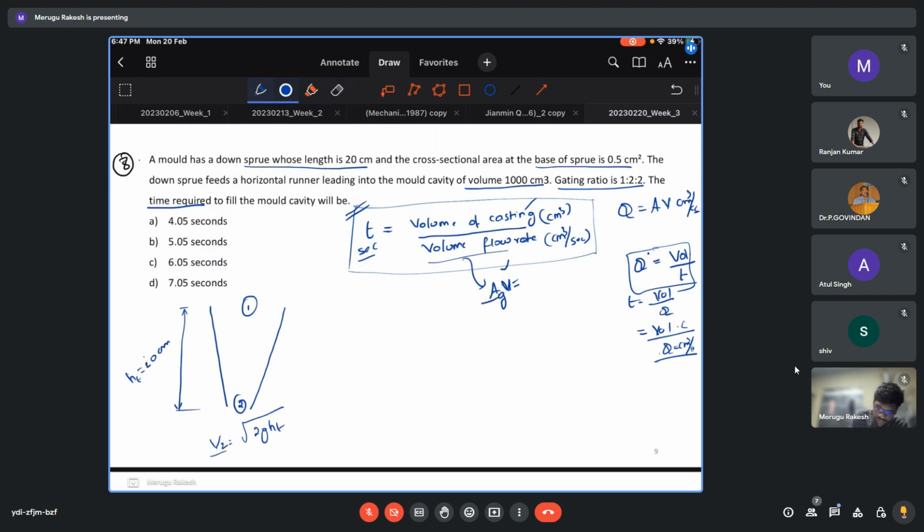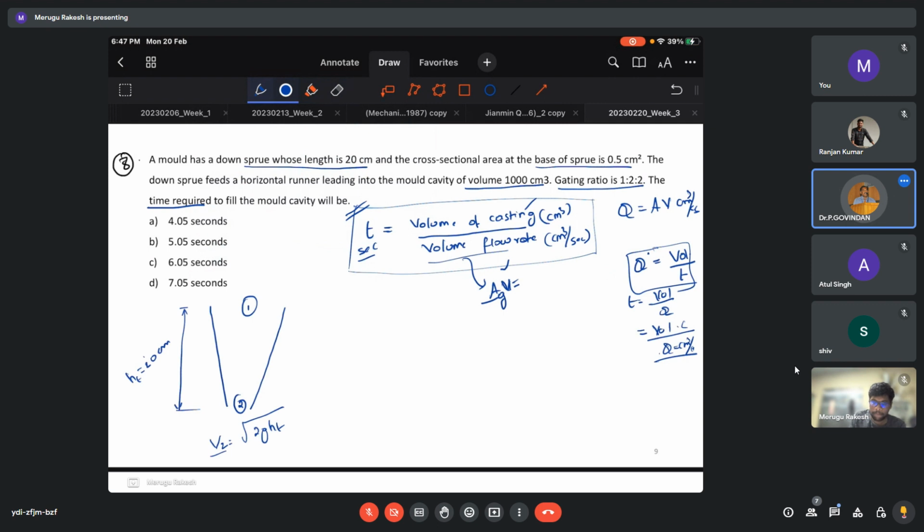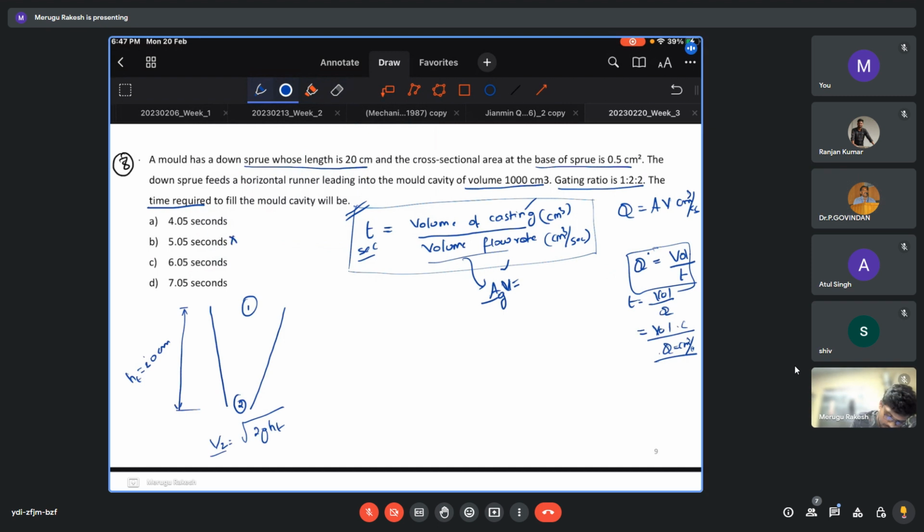So from this we can get the velocity. Now we are stuck with gate area. For that they have given you gating ratios, that is nothing but 5.05. We got the velocity. Now we need to calculate this gate area.